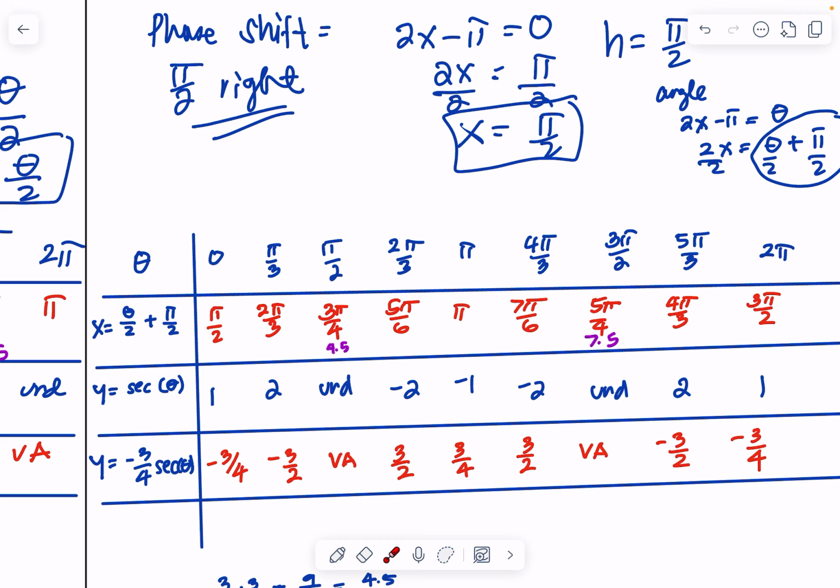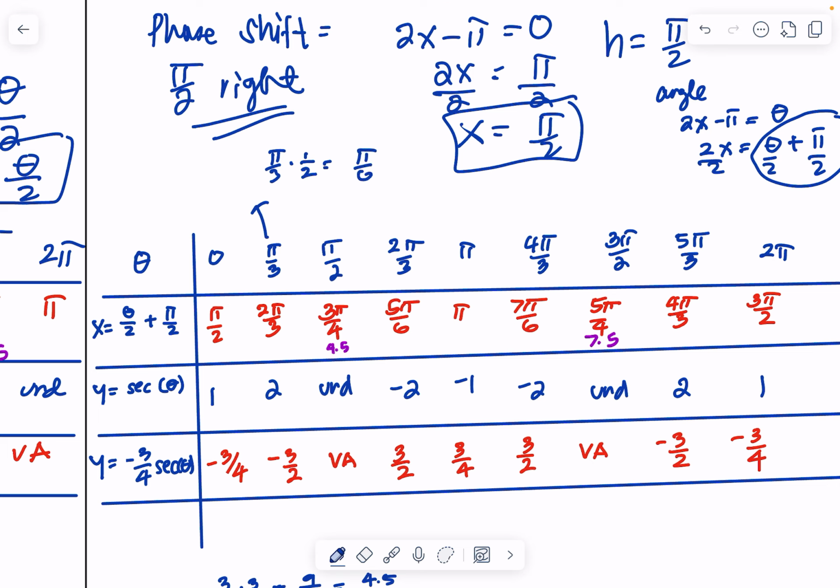I'll take each of these, divide it by 2, and add pi over 2. So let's take a look at one example. So let's do that. So pi over 3 divided by 2 means pi over 3 times 1/2.